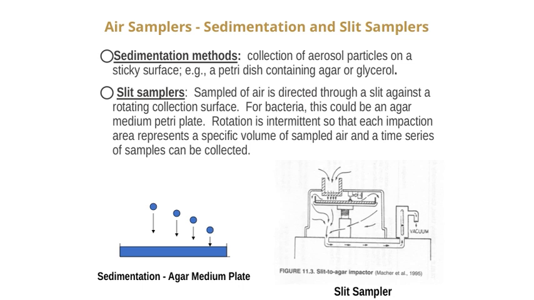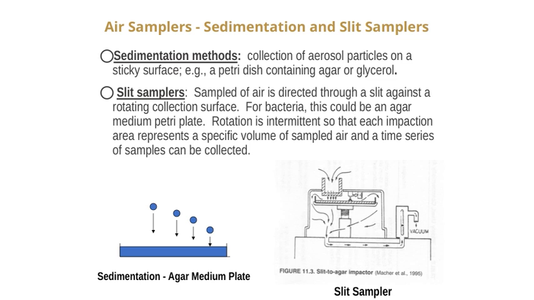They direct sampled air through a narrow slit onto a rotating collection surface, often an agar medium Petri plate. The rotation is intermittent, which means each impacted area on the surface corresponds to a specific volume of air sampled and a particular time segment. This setup allows us to collect a time series of samples, giving us valuable information about how aerosol concentrations change over time.